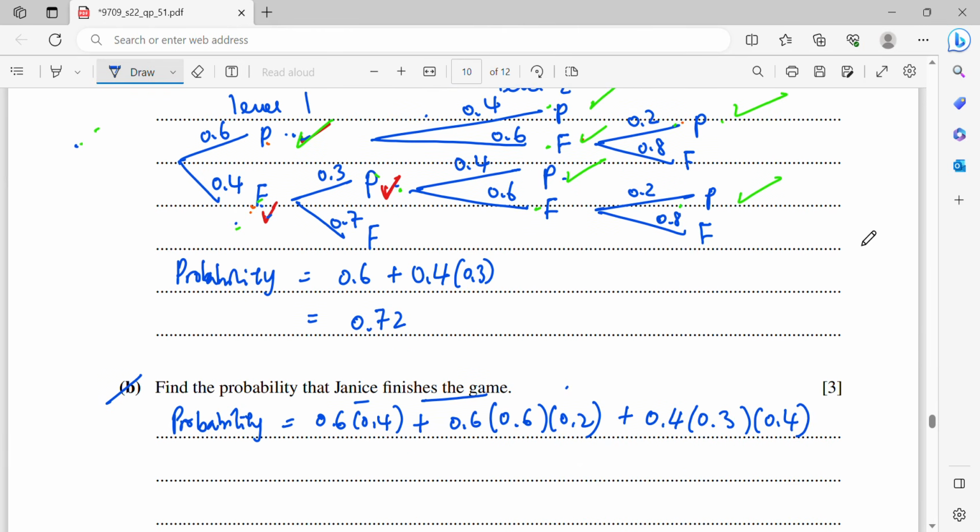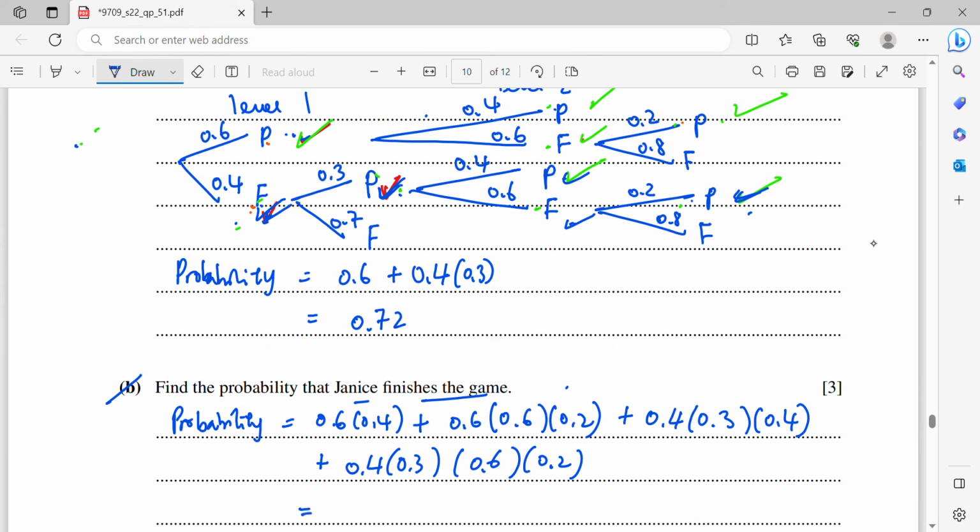And lastly, it will be FPFP. 0.4 times 0.3 times 0.4 times 0.2. Okay, here FPPP. Right? Wait, let me check one more time. Okay, the last one is not 0.6. It's not 0.4. It should be FP, fail and pass. So 0.6 over here.